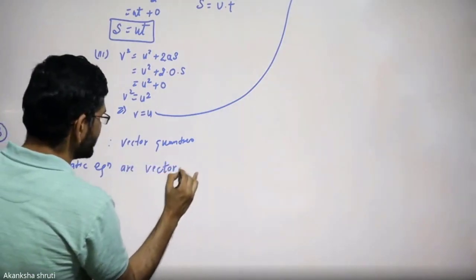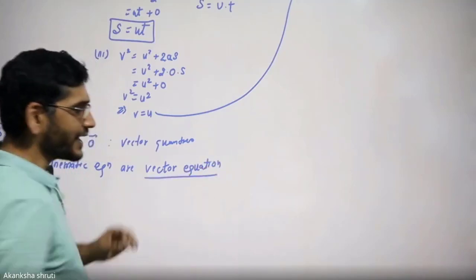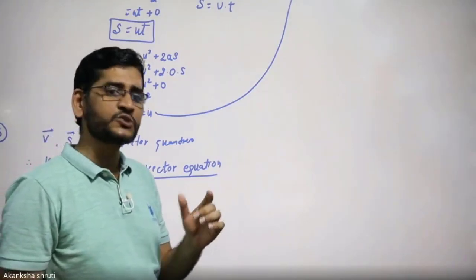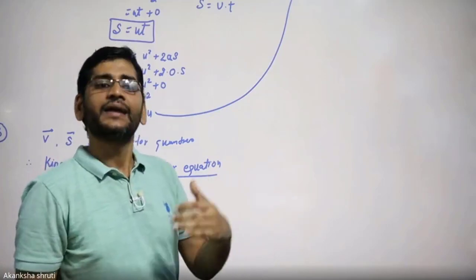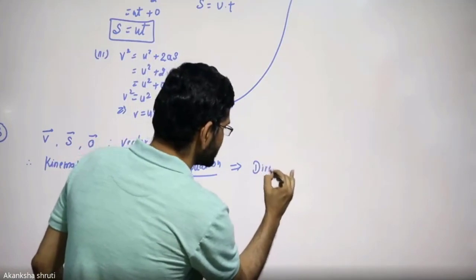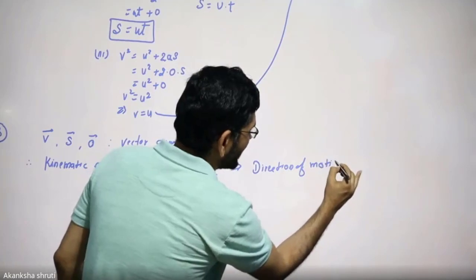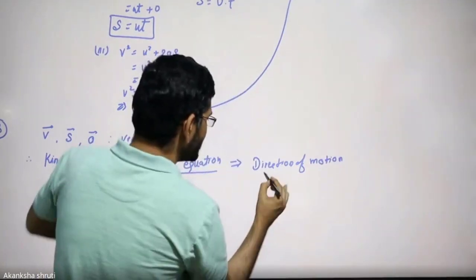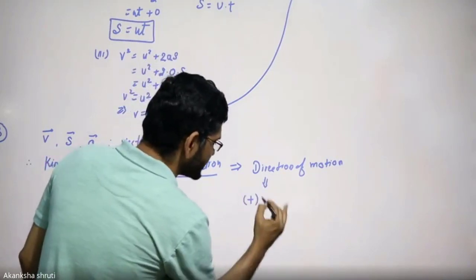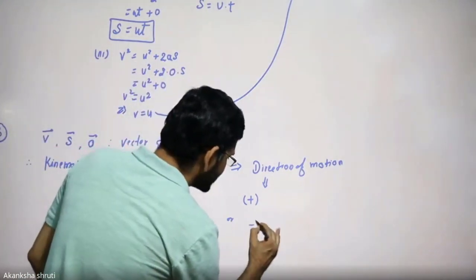Student, when we call this a vector equation, it simply means direction has to be considered, and the motion opposite to our reference direction should be taken negative. So this implies direction of motion is important. If the motion is opposite to the considered direction, these quantities can be positive or they can be negative.